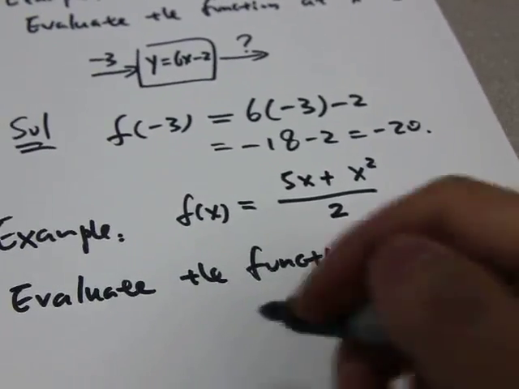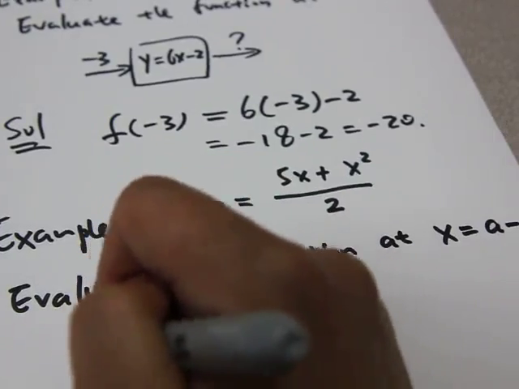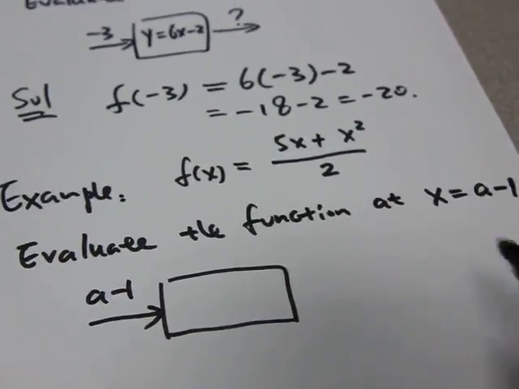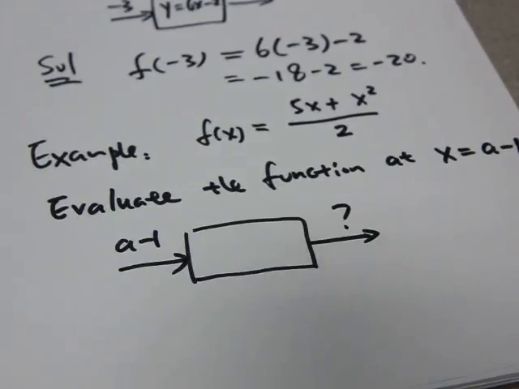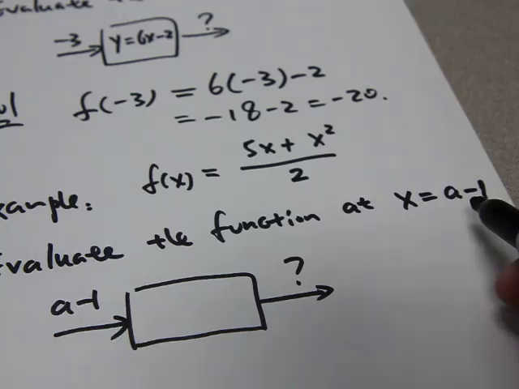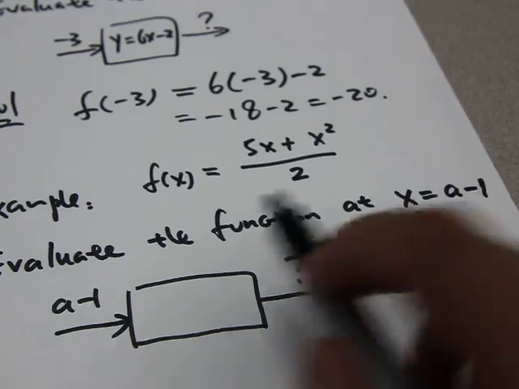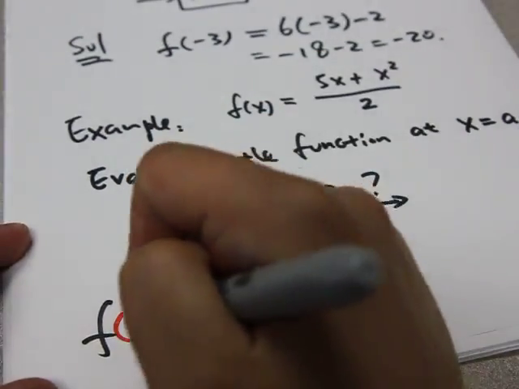So in this case, our input is this expression a minus 1, and we want to figure out what the output is. So we use the same way, okay? We substitute a minus 1 for x. So as long as we have x, we change the x into a minus 1.